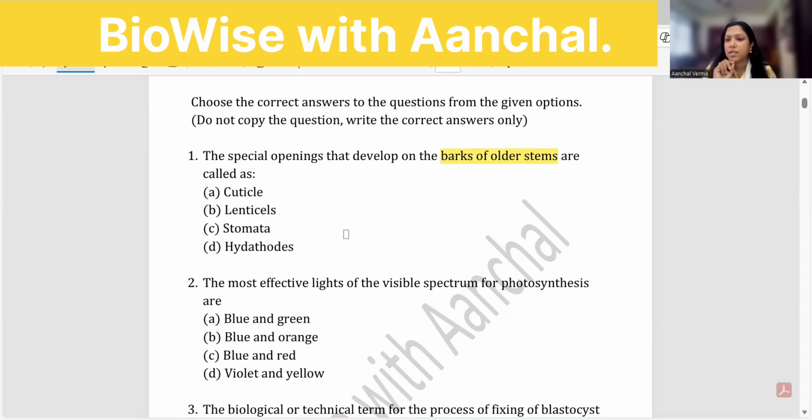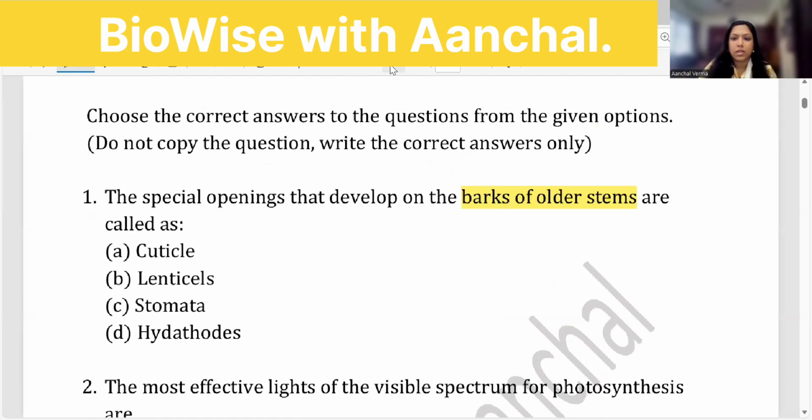Children, when you write the answers in the comment section, put the correct question number and then write the answer so that I don't get confused. Like if suppose this answer is lenticels or stomata, whatever is your answer, write 1B, 1C, 2A, 2B, like that. Keep on writing the answers in the comment section. Okay, so let me make it a little bit bigger so that it's visible to you.